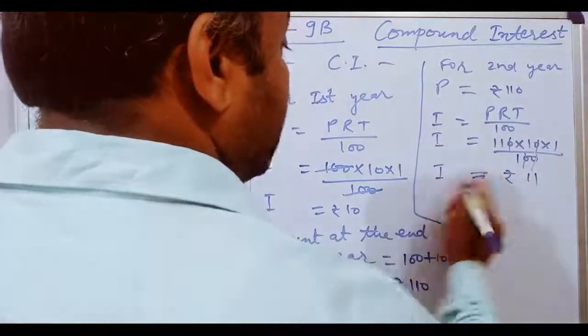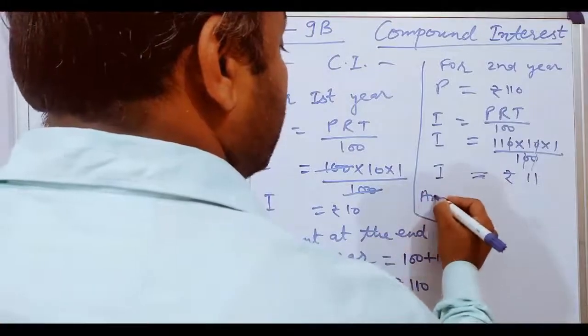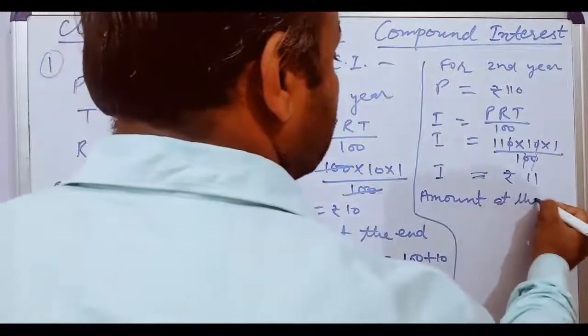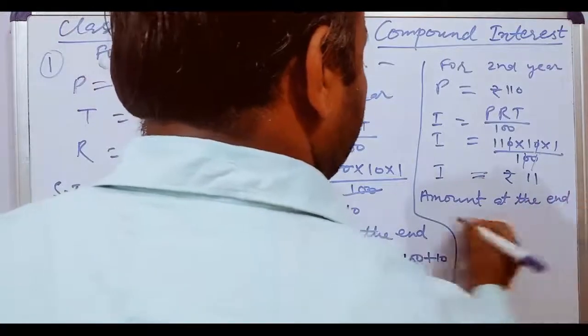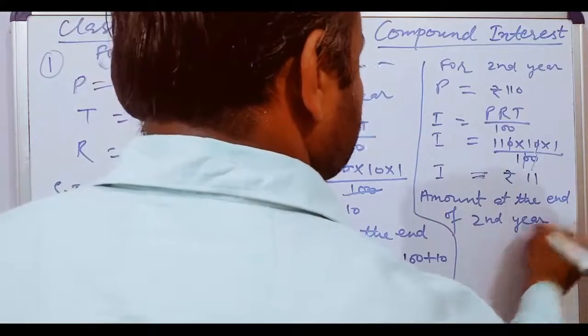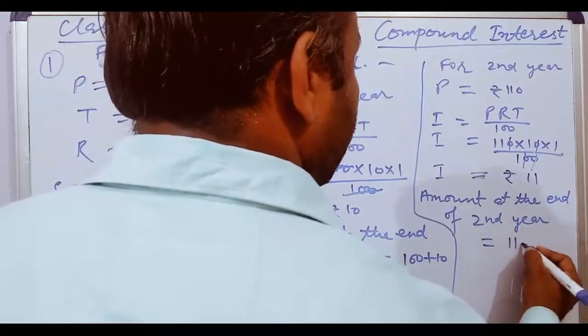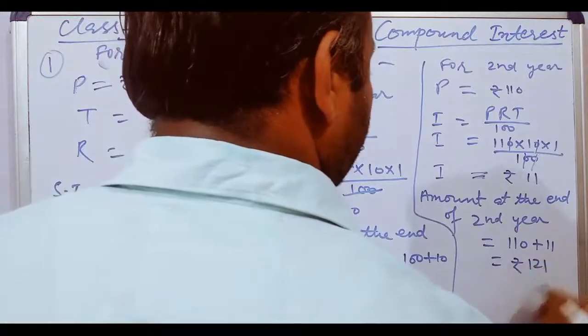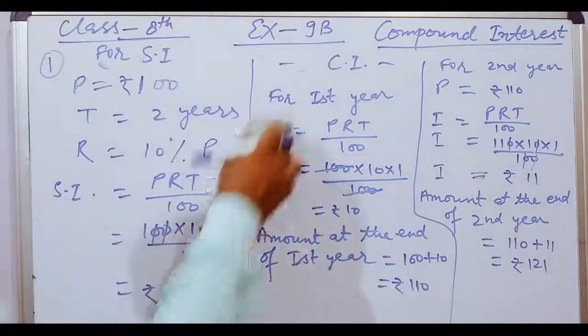Now the amount at the end of the second year equals 110 plus 11, rupees 121.